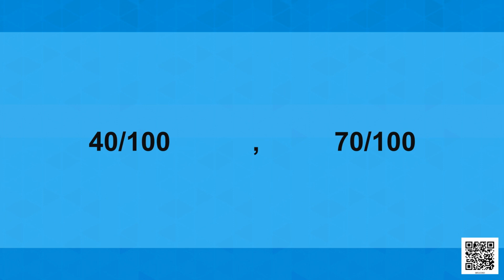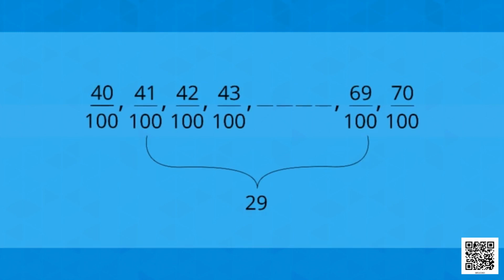Children, certainly. Now tell me, how many rational numbers lie between 40 upon 100 and 70 upon 100? You can easily see that 41 upon 100, 42 upon 100, 43 upon 100 and so on up to 69 upon 100. There are 29 rational numbers between 40 upon 100 and 70 upon 100.